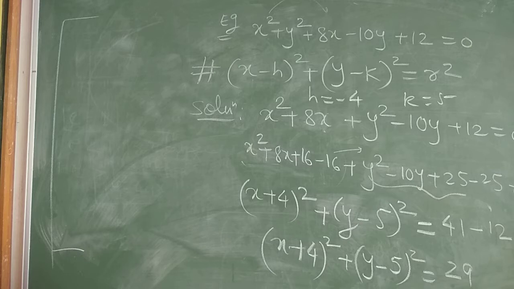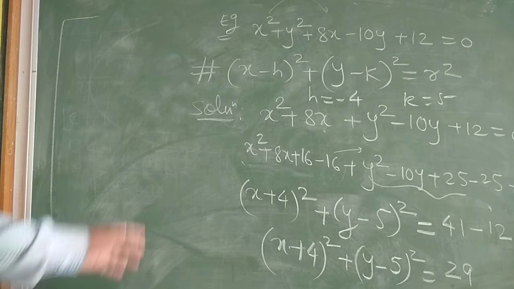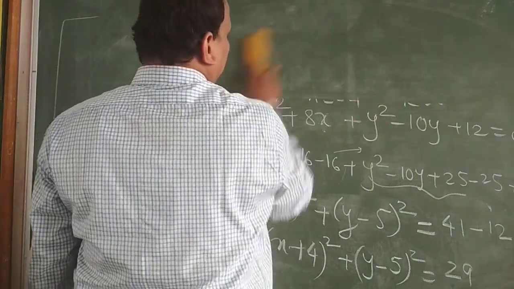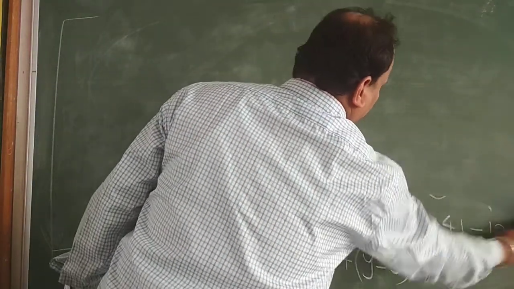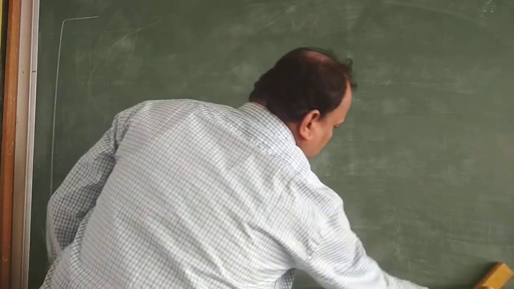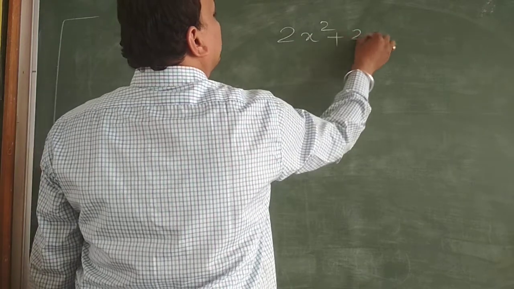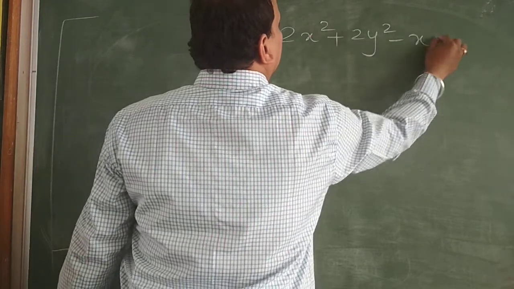One such question we can do is question number 9 of exercise 11.1: 2x square plus 2y square minus x equal to 0. You can also write it down and solve along with me.